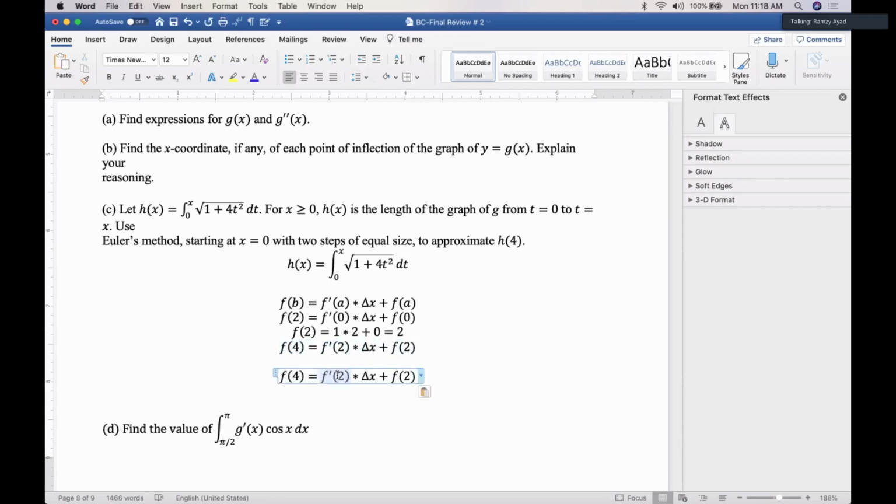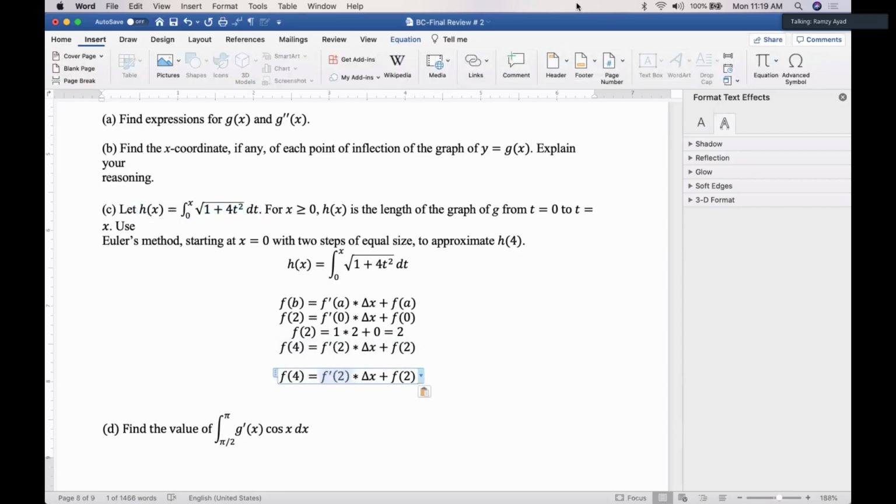F prime of 2 is the same as what we just said, which is the square root of that. Replace the t with the 2. What would that be now? That would be 16? Oh, the whole thing would be square root of 17. Right, square root of 17 is the number here.